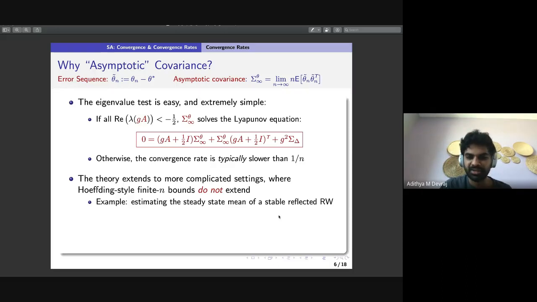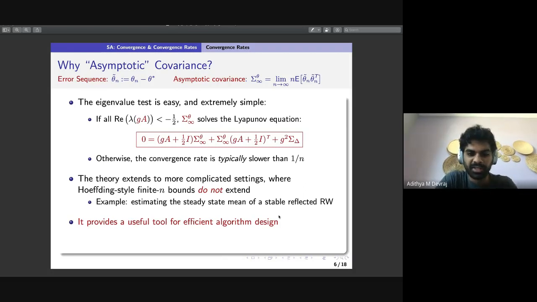Even in this very simple case, it's very difficult to get a Hoeffding-style finite-n bound. But this asymptotic theory extends to much more general settings, which makes it likely more applicable in, for example, Q-learning with function approximation, wherein the noise is Markovian and all that.